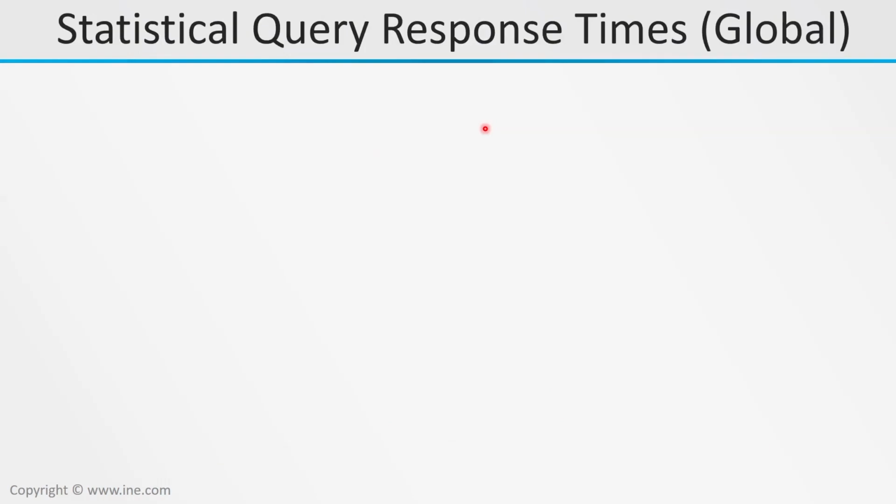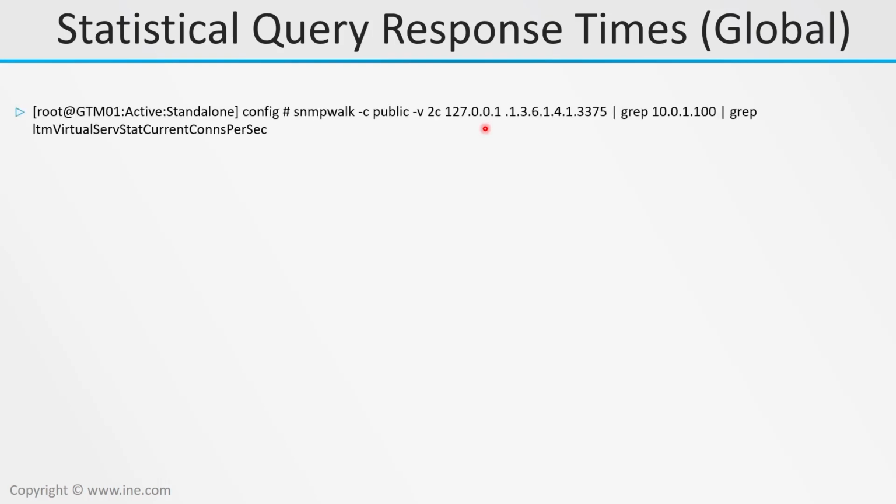And to get that same information from the last slide via the command line, it's a little tricky. In this case, we have to use snmpwalk and point to the community of public, using that community and the version of SNMP, then the box that we're trying to walk, in this case our loopback, and then the OID.